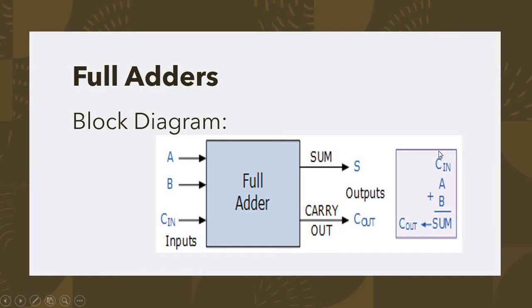If you have another full adder here, this output will be connected to the C-in of the next full adder. But you have the same outputs: we have the sum and also the carry out.